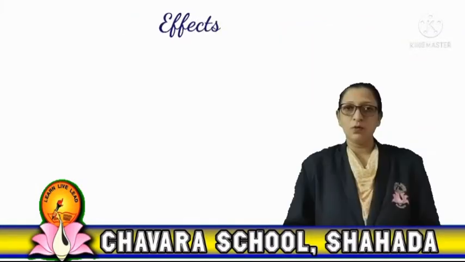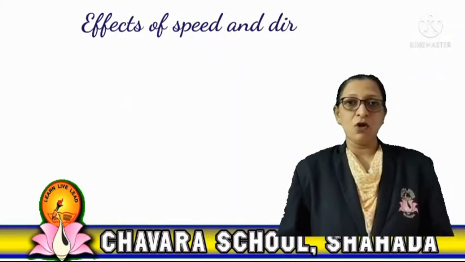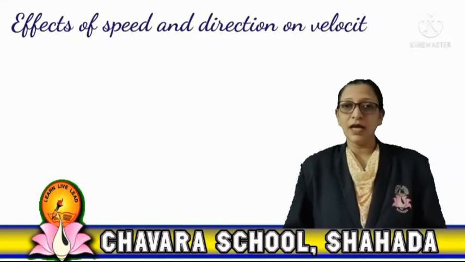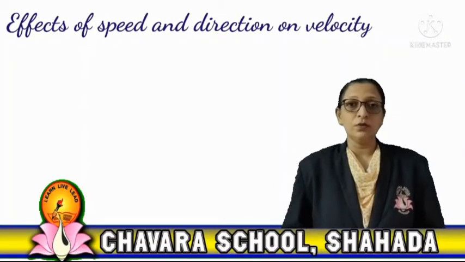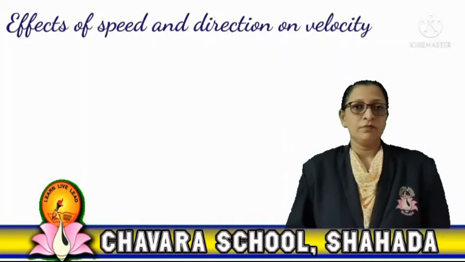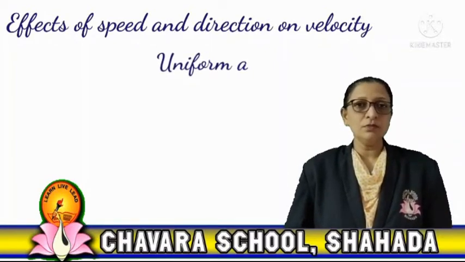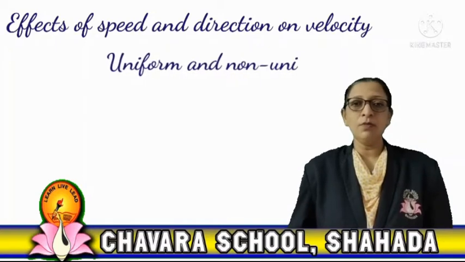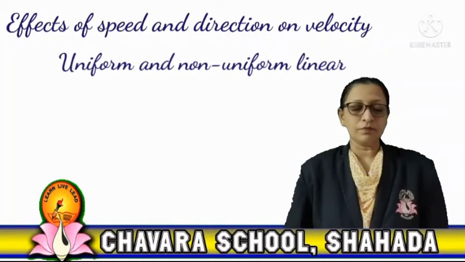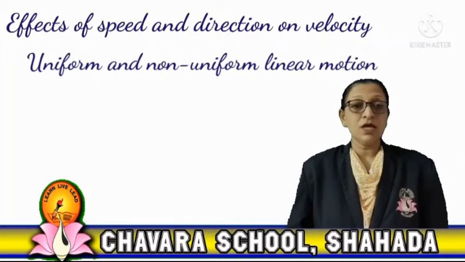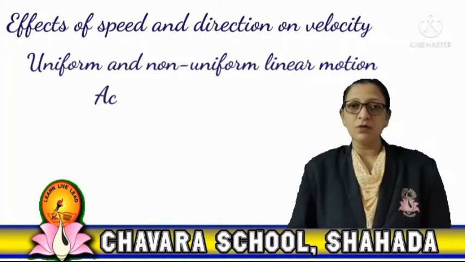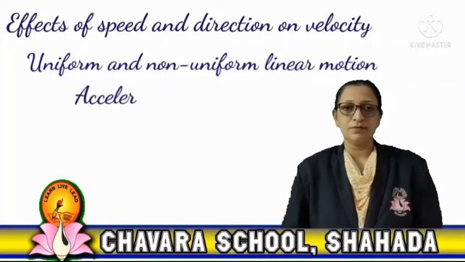In this part we are going to discuss effects of speed and direction on the velocity. Secondly, we will study uniform and non-uniform linear motion. Thereafter, we will discuss acceleration.